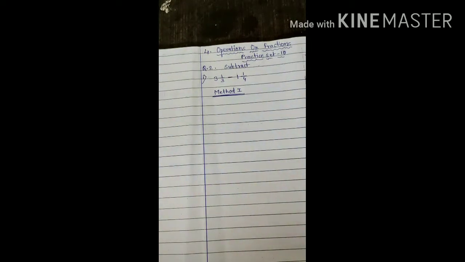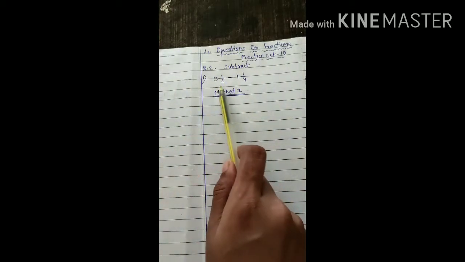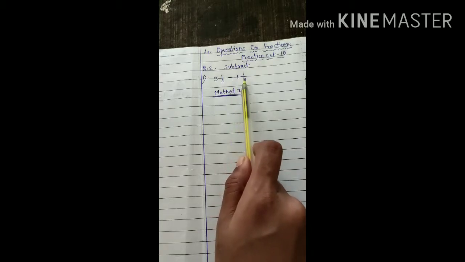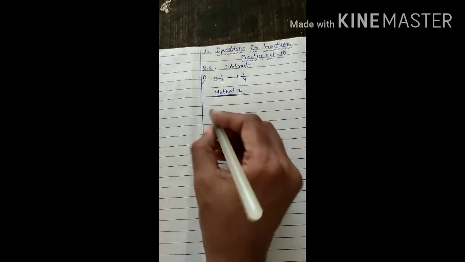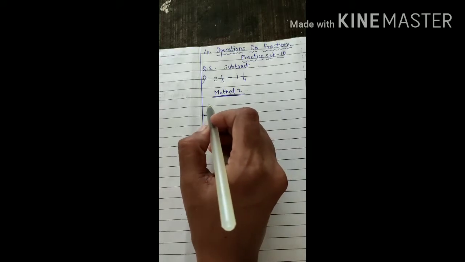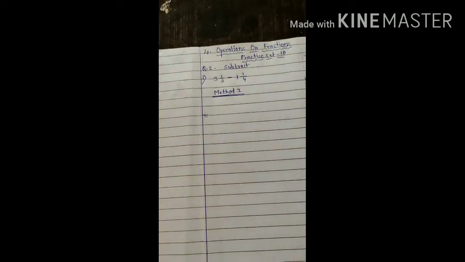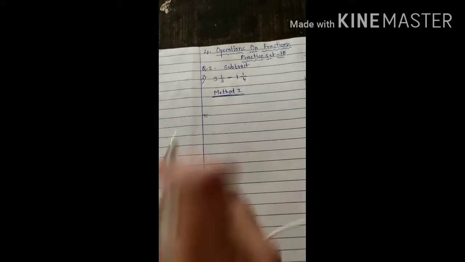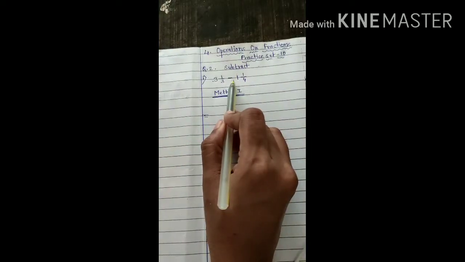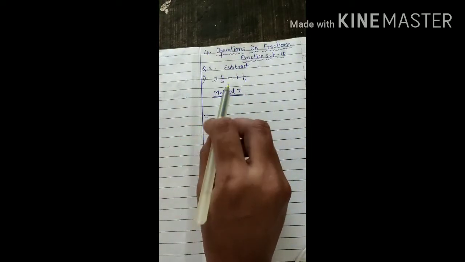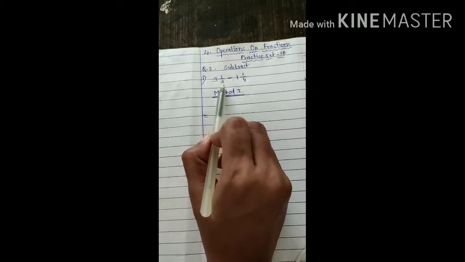Now addition तो हम देख लिए, अभी हम देखेंगे subtraction. So first question is here 3 1 upon 3 minus 1 upon 4. देखो students, क्या करना है आपको? You have to first subtract the integer numbers. आपको ये integer number को सबसे पहले subtract करके लेना है, then you subtract the fractions.